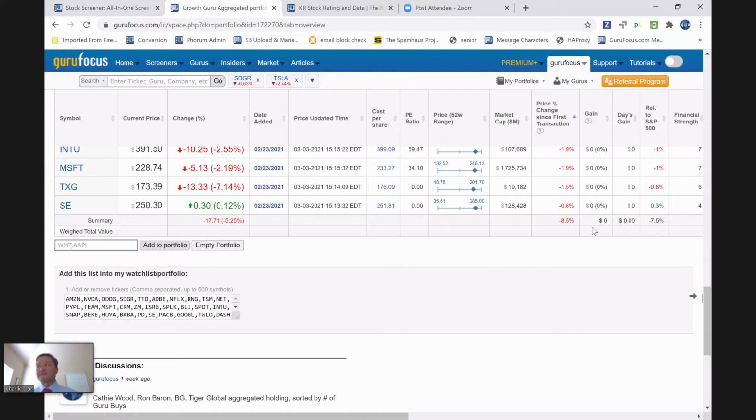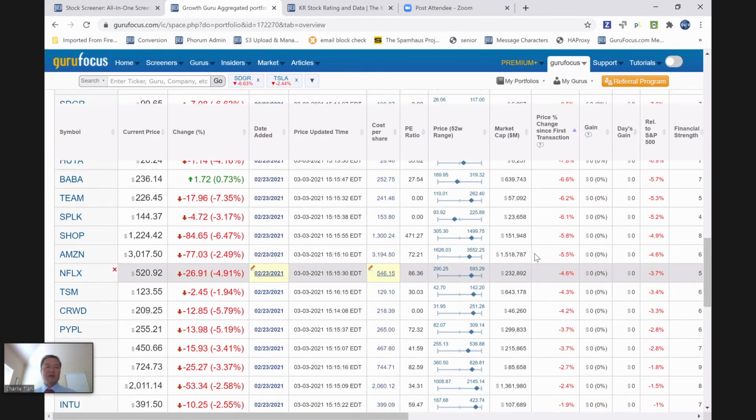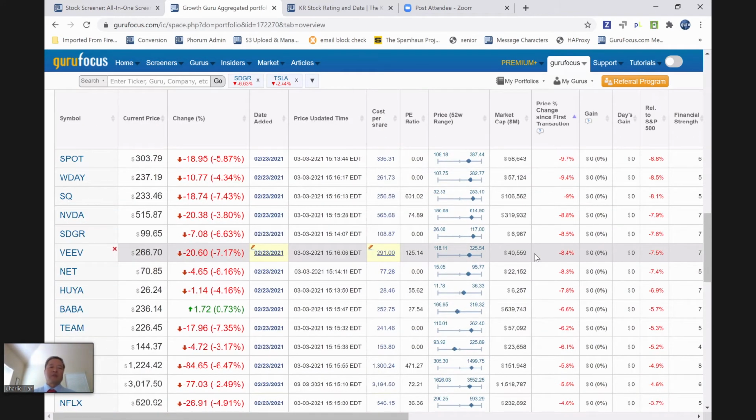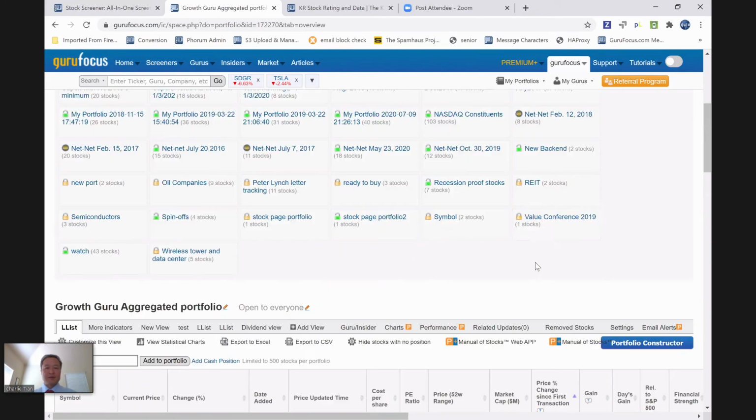So that's how their aggregated portfolio works. Because they're all growth gurus, they did extremely well during the last year, but they're not doing very well this year. And this is related to the industry overview I will be sharing again toward the end of this meeting.